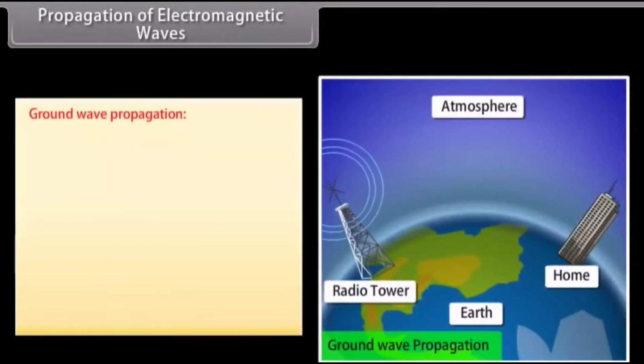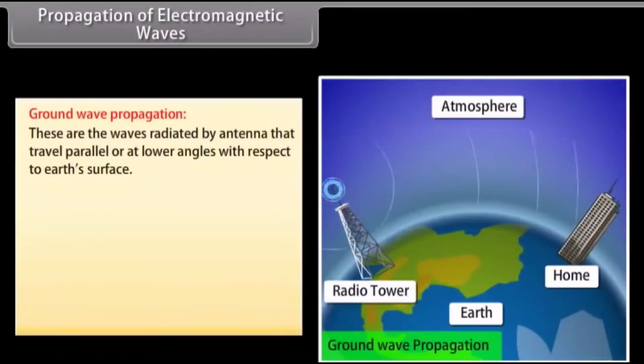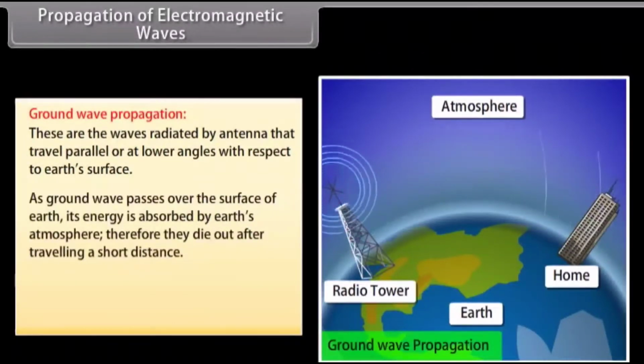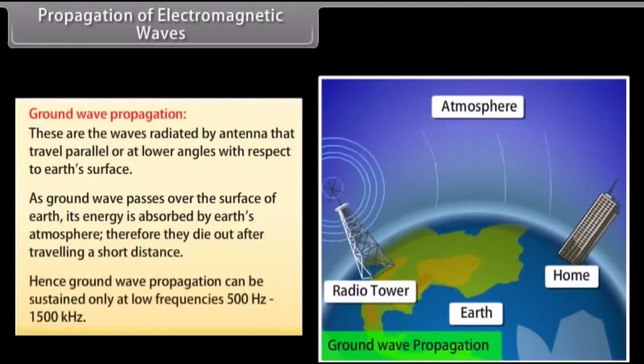Ground wave propagation. These are the wave radiated by antenna that travel parallel or at lower angles with respect to Earth's surface. As ground wave passes over the surface of Earth, its energy is absorbed by Earth's atmosphere. Therefore, they die out after traveling a short distance. Hence, ground wave propagation can be sustained only at low frequencies, 500 Hz to 1500 kHz.